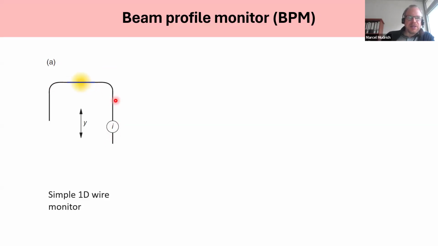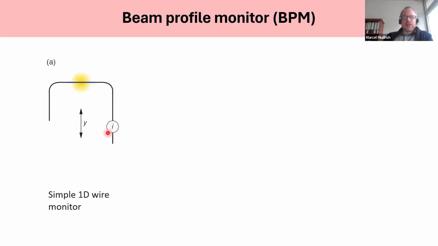So we could then detect a very weak current because electrons would basically flow from the power supply, from the source back into the wire where the electrons are lost by photo emission.